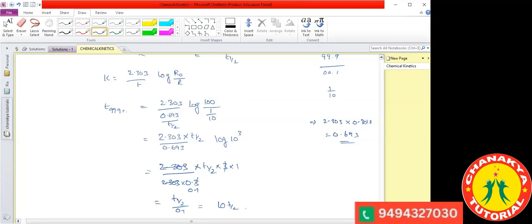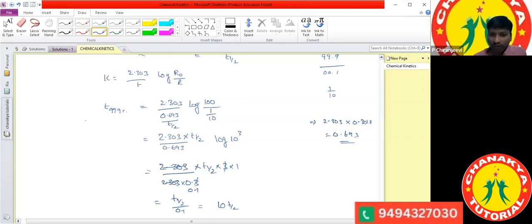Yes, sir. Okay, so based on the derivation, what can we say? t 99.9 percent is equal to 10 t-half. For that there is some logic.